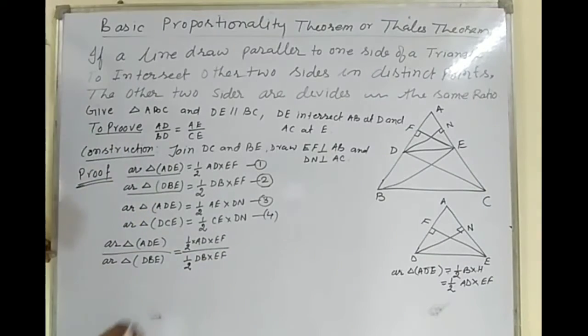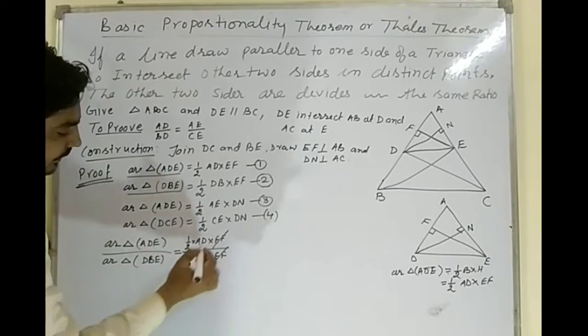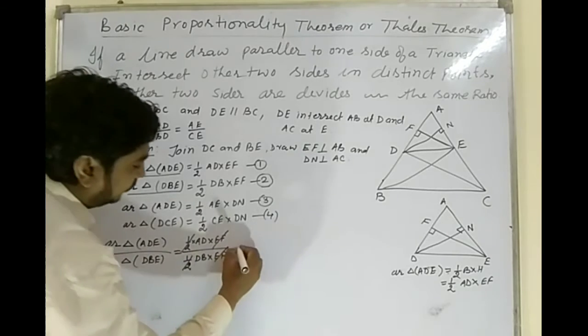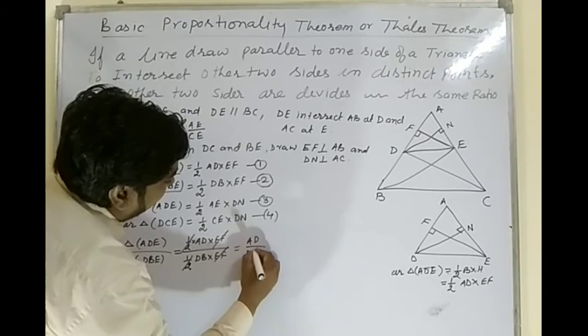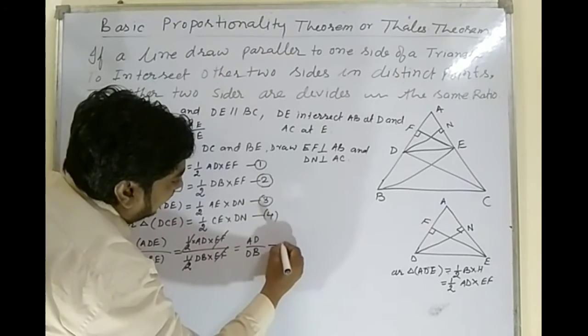Here EF is common, so cancel EF and the 1 by 2 also cancels. So we get AD upon DB. This is our equation 5.